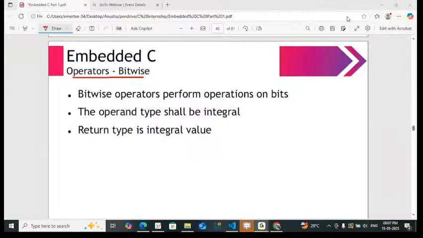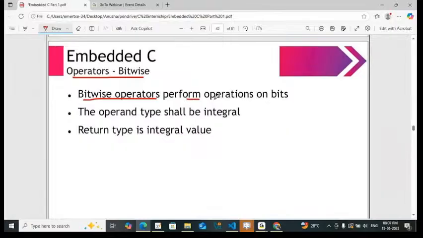Bits in short represent binary digits, and binary digits means 0 or 1.